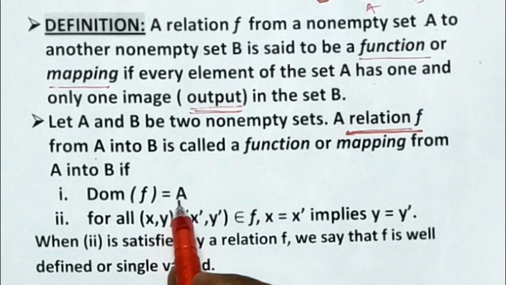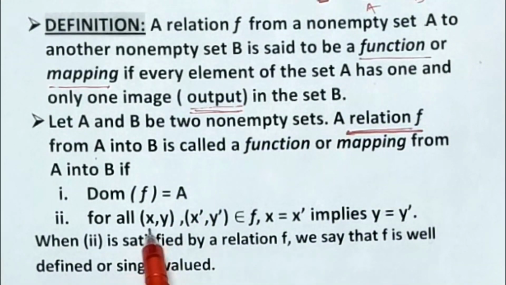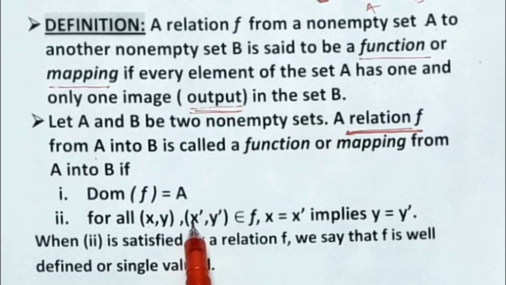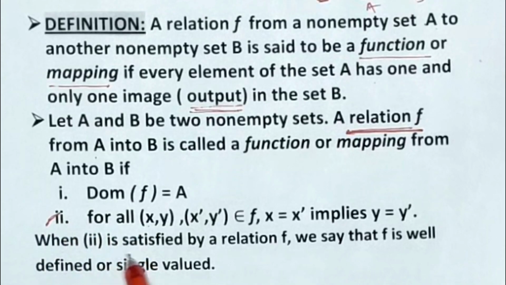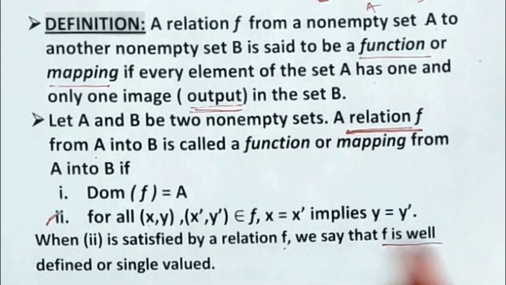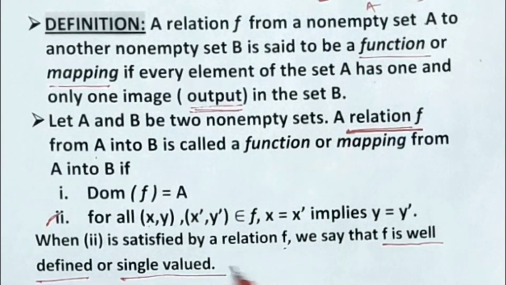Domain of f should be the first set A, and for two ordered pair elements of that relation or function f, if the first elements are equal, then their second elements must also be equal. Note that when option 2 is satisfied by the relation f, we say that f is well defined or single valued.